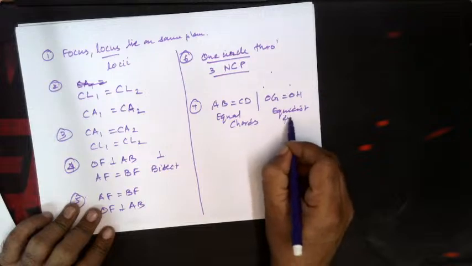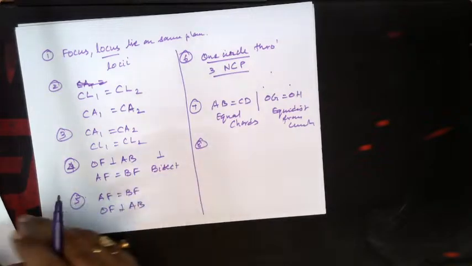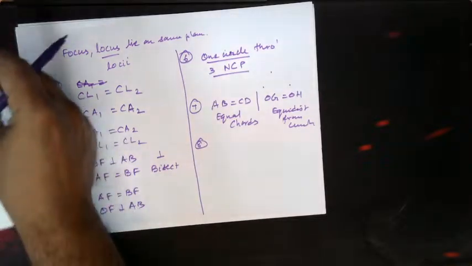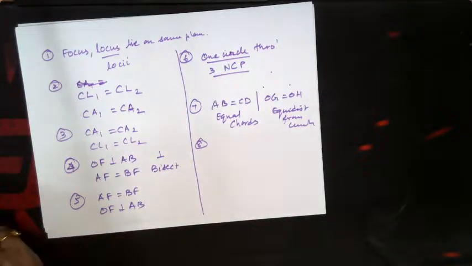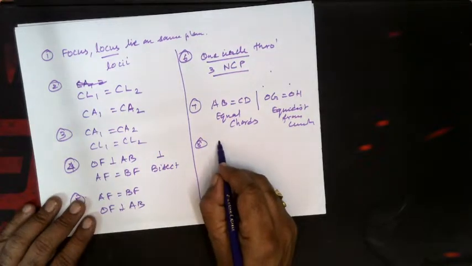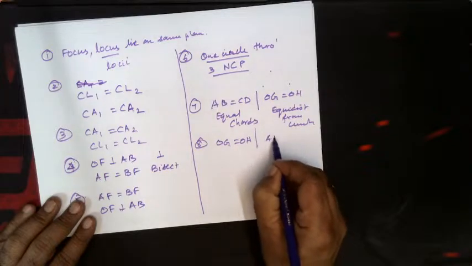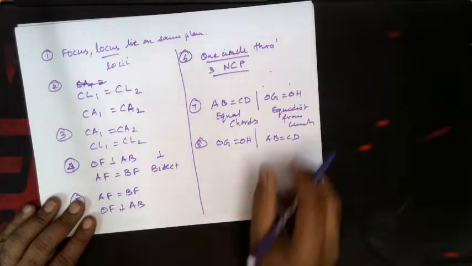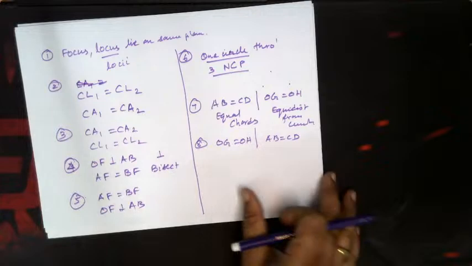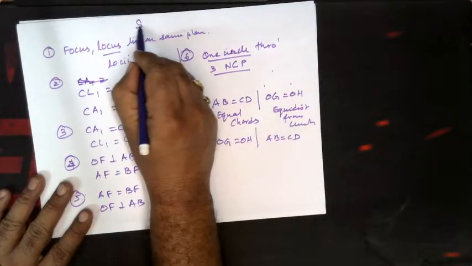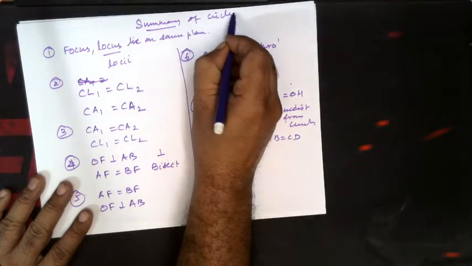You have to remember like this. So what about the 8th point? It is the converse. That is, OG is equal to OH means AB is equal to CD: equidistant chords, equal chords. Now let us move to the 9th point. So this is the summary of circles. Okay.